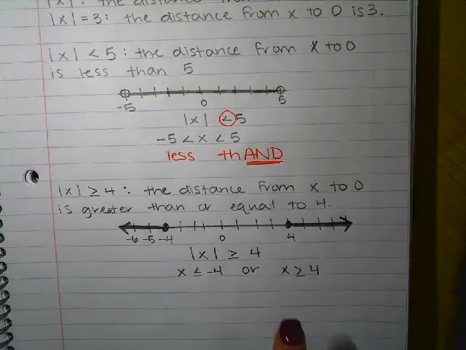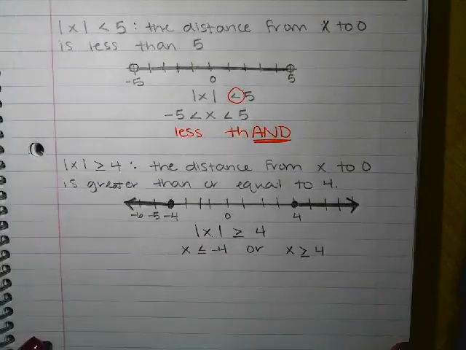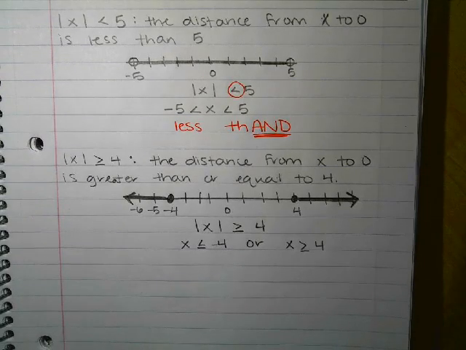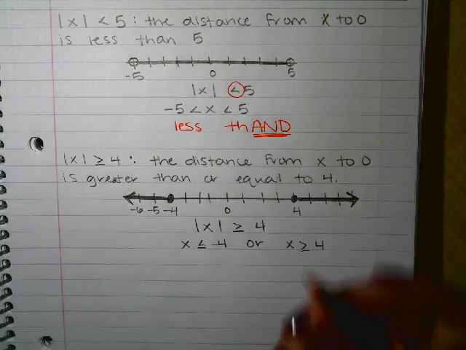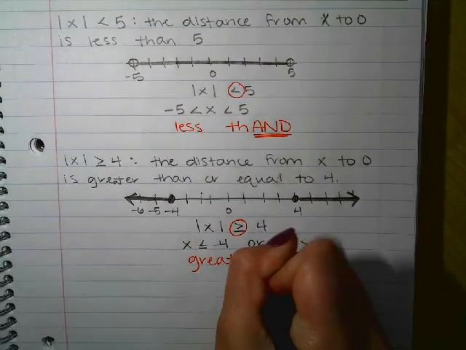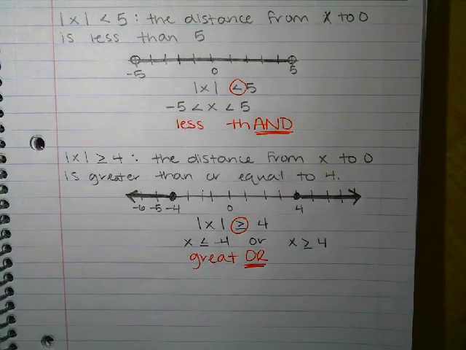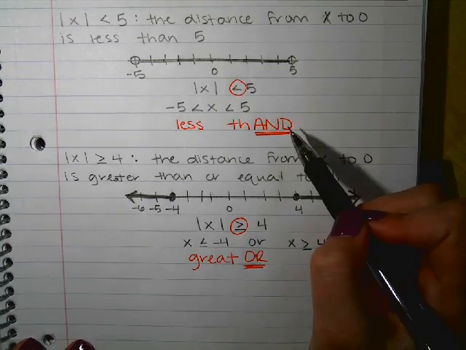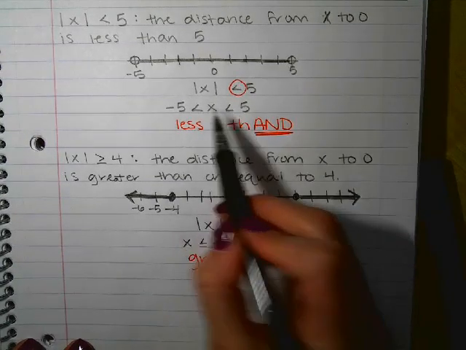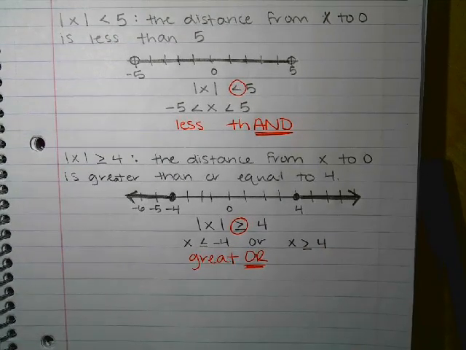Those are all the numbers where the distance between x and 0 is greater than or equal to 4. With the greater than symbol, it is one or the other. Those are the only two things you have to remember. If you can remember that less than is a sandwich in between two numbers, and greater than goes in the opposite direction, then you can do all absolute value inequalities pretty easily.